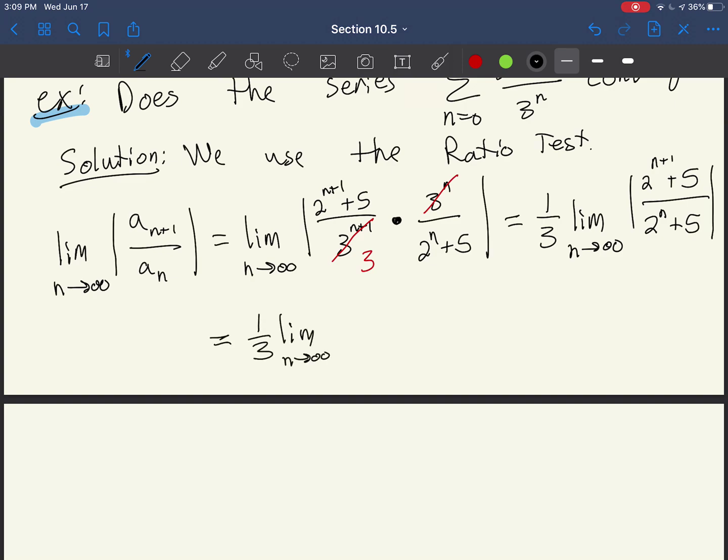This is 1/3 times the limit as n goes to infinity. Divide both the numerator and the denominator by 2 to the n, and you get the absolute value of 2 plus 5 over 2 to the n, divided by 1 plus 5 over 2 to the n.